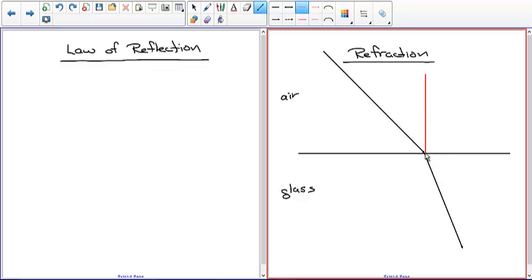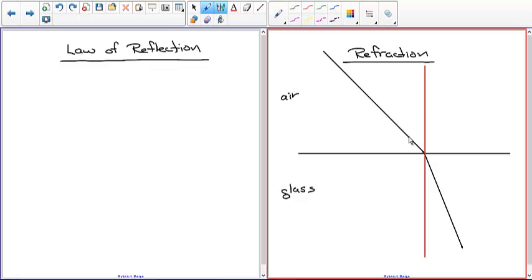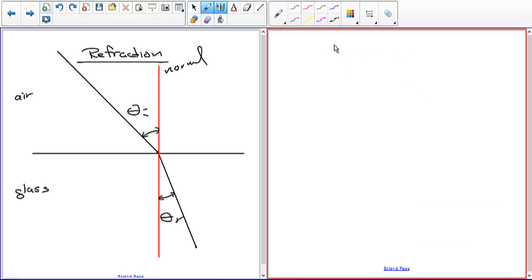Again, I'm going to draw a line here that is perpendicular to the surface, and I'm going to make it longer this way. Defining the angles, the angle between the light ray and the normal is called theta sub I, and the angle on the other side of the normal is theta sub R, but they have different meanings now. Well, the first one's the same.